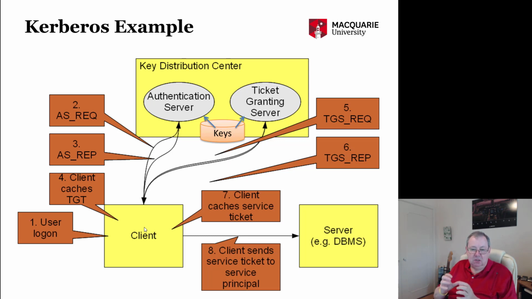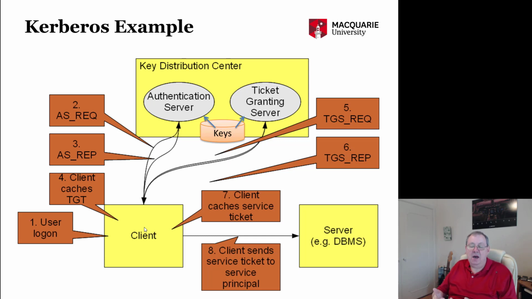Now you might notice a vulnerability in this protocol, which is that in step 2, the authentication server request message is unencrypted and doesn't in any way authenticate the client.